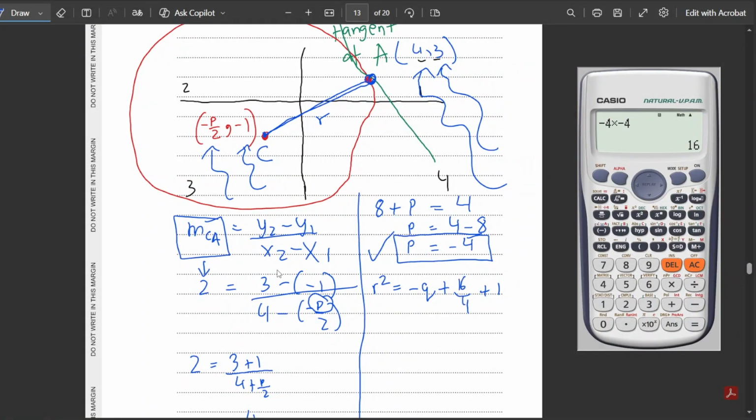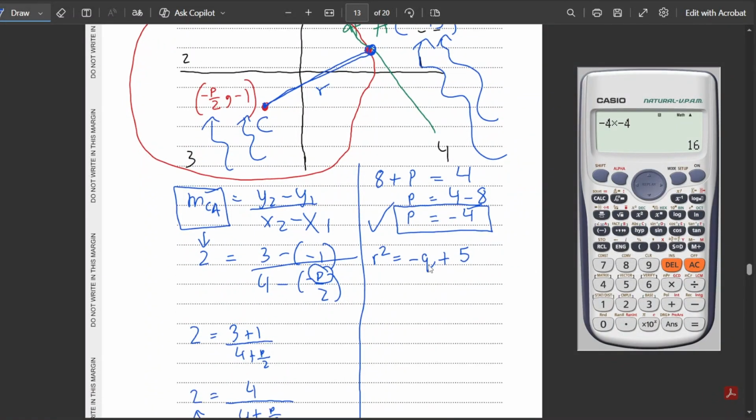So I have 16 over 4, and I can simplify this. 16 over 4 is simply equal to 4. So I simply have 4 over here, and 4 plus 1 is simply equal to 5. So I can erase this and write 5 over here. So my r squared is 5 minus q.